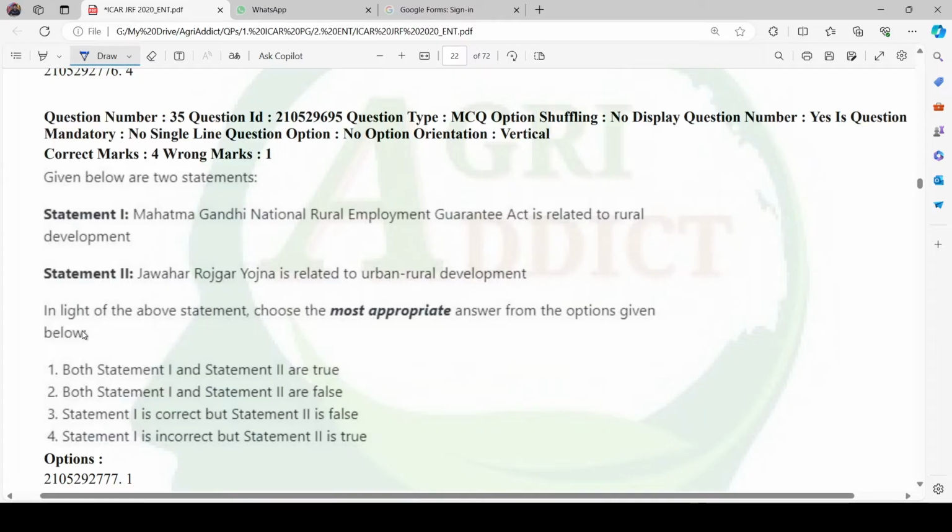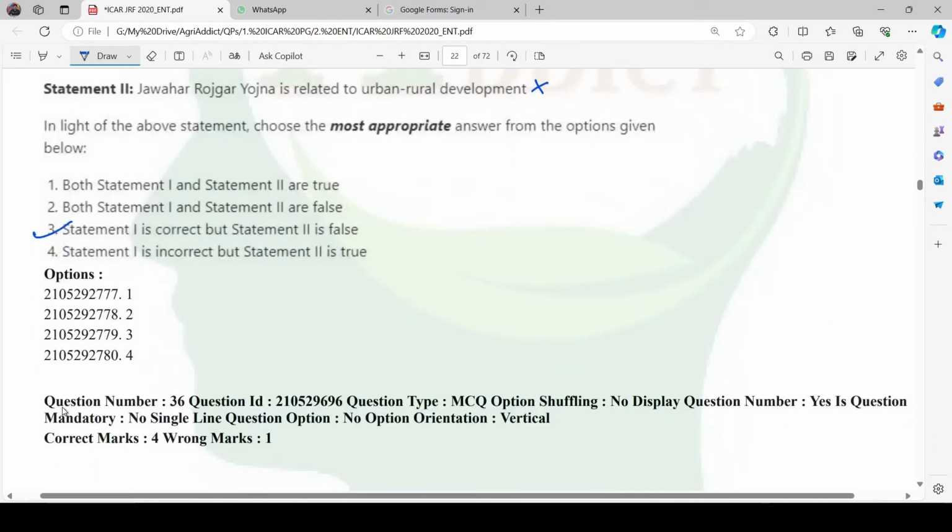Now a statement type question. First is the Mahatma Gandhi National Rural Employment Guarantee Act, that is MGNREGA, is related to rural development. Yes, it is correct. Jawahar Rozgar Yojana is related to rural development. No, this is for employment or Rozgar purpose of the rural youth. So here statement 1 is correct, but statement 2 is false.